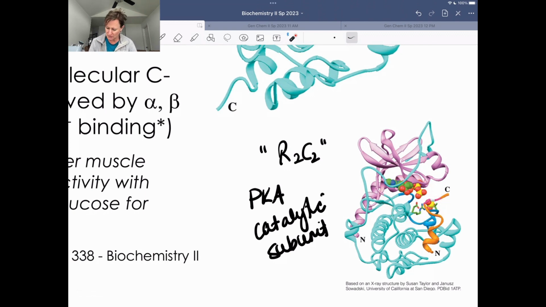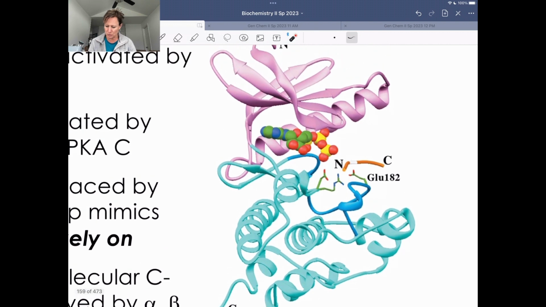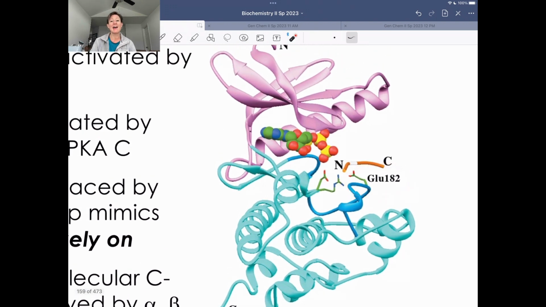One critical difference. This threonine 197 that we saw in PKA's catalytic subunit that gets phosphorylated is replaced by a glutamic acid residue that we have here in our phosphorylase kinase. So let me highlight that here. Okay, this glutamic acid residue here.